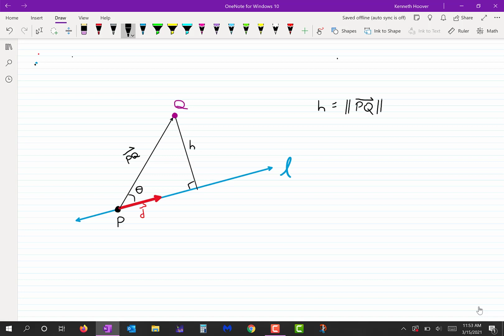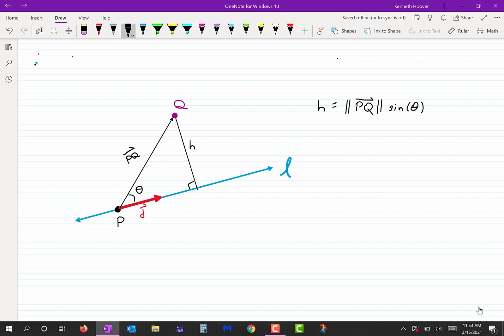Times the sine of angle theta. That's just from trigonometry. Sine equals opposite over hypotenuse. Oh, be careful here. H doesn't stand for hypotenuse, does it? The hypotenuse is vector PQ. So H equals the magnitude of PQ times sine of theta.